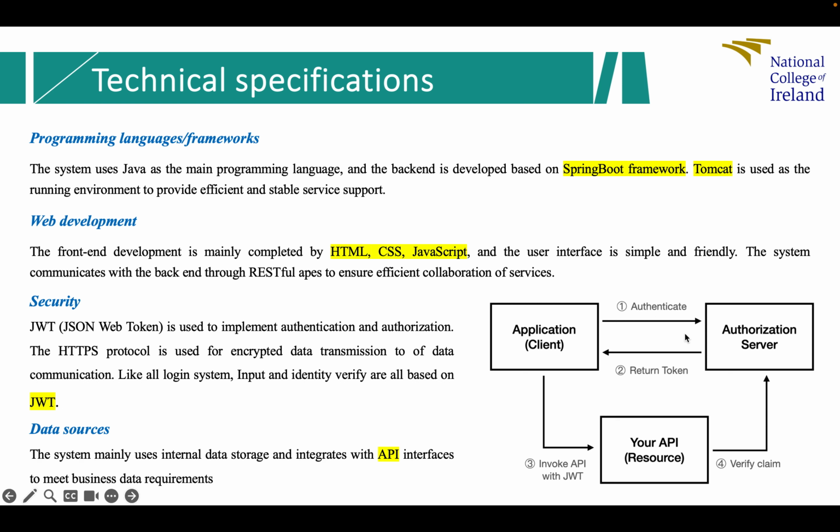That's something I looked up. This is the security system of JWT, JSON Web Token: your resource, the authorization server, which then returns or rejects, and that's the client part. I think this picture explains the security system very clearly.